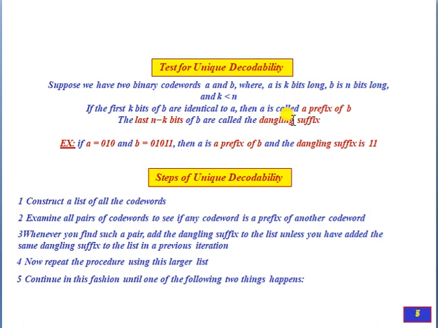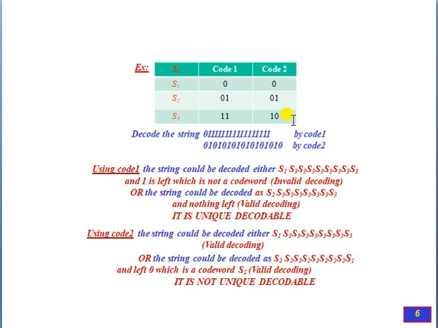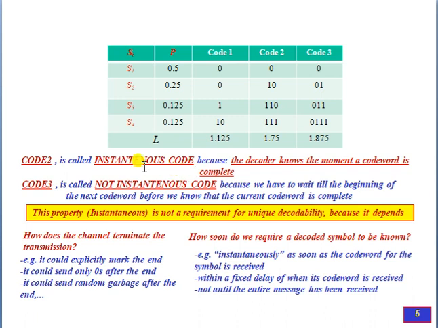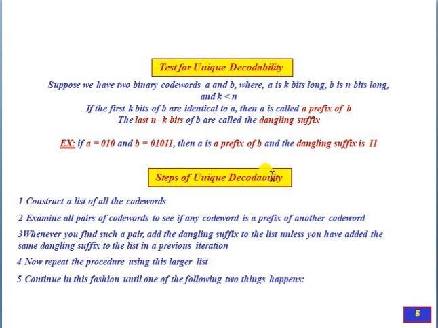Uniquely decodable codes which are instantly decodable, the instantaneous codes, are termed prefix codes. The code which satisfies the following conditions for all of its binary code words. The prefix code test is simpler.